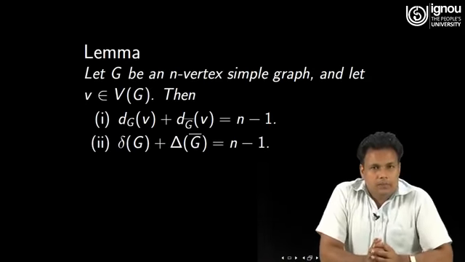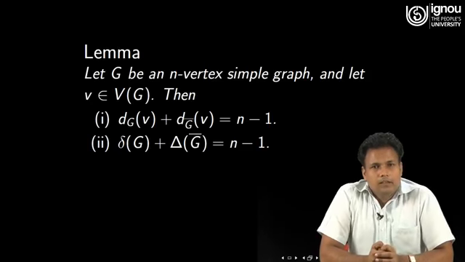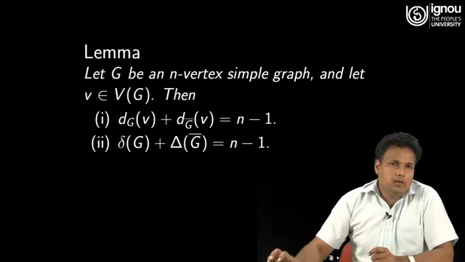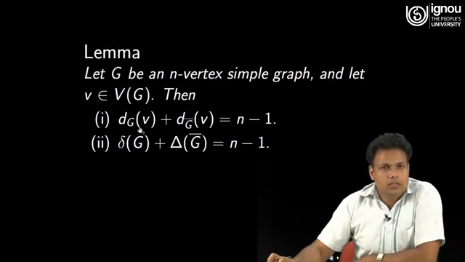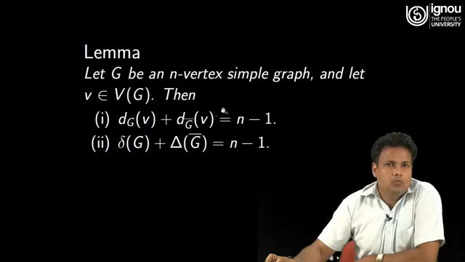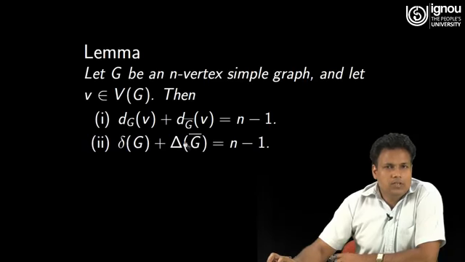Now, there is an important lemma. Let G be an n vertex simple graph and let V be any vertex of G. Then the degree of V in G plus the degree of V in G bar sum to n minus 1. And the second one is that the minimum degree of G plus the maximum degree of G bar equals n minus 1. These results follow easily.